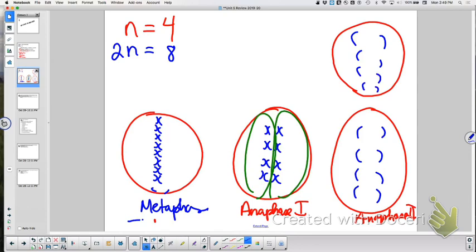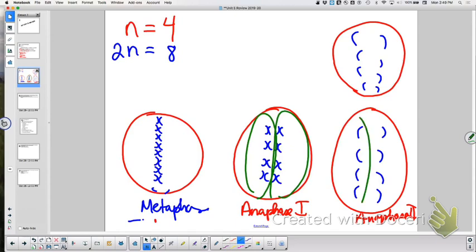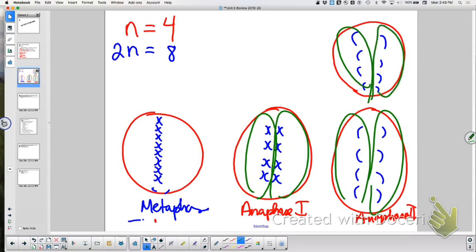At the end, I would have formed 4 cells, each with 4 chromosomes in it. These could be 4 sperm. I told you the haploid number was 4, so when I do meiosis, I have to get down to 4 chromosomes in each one of those.